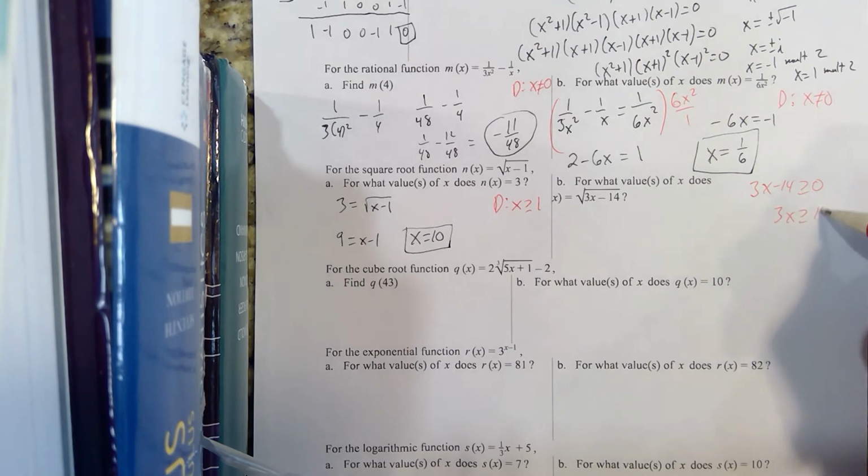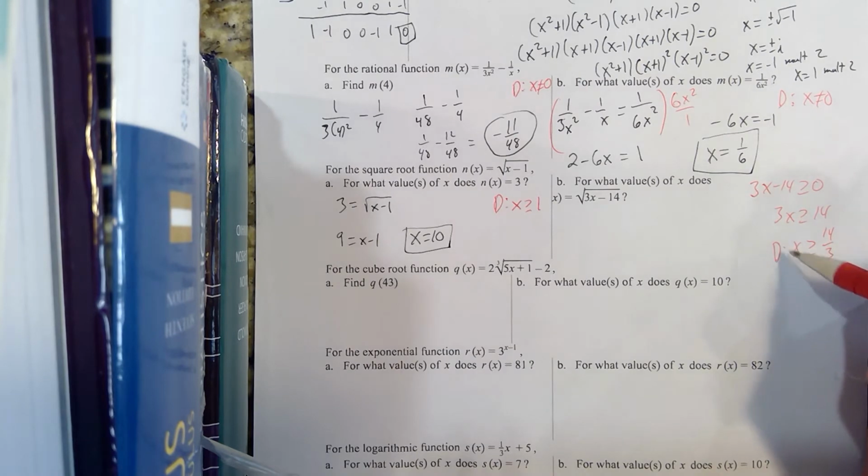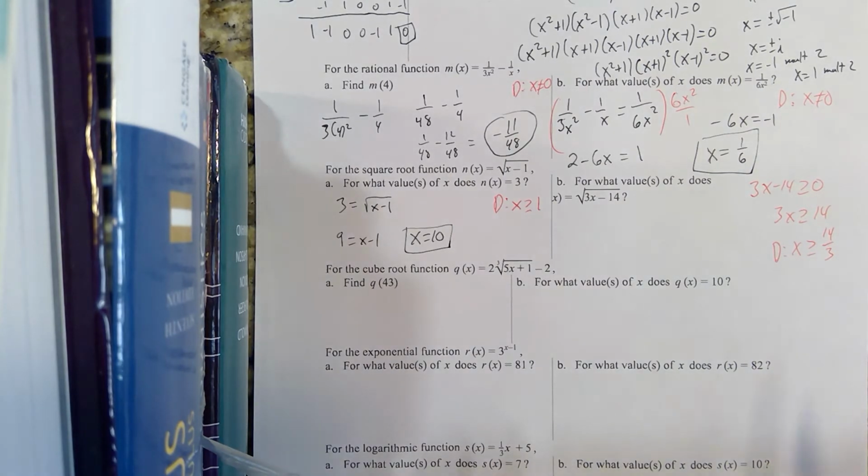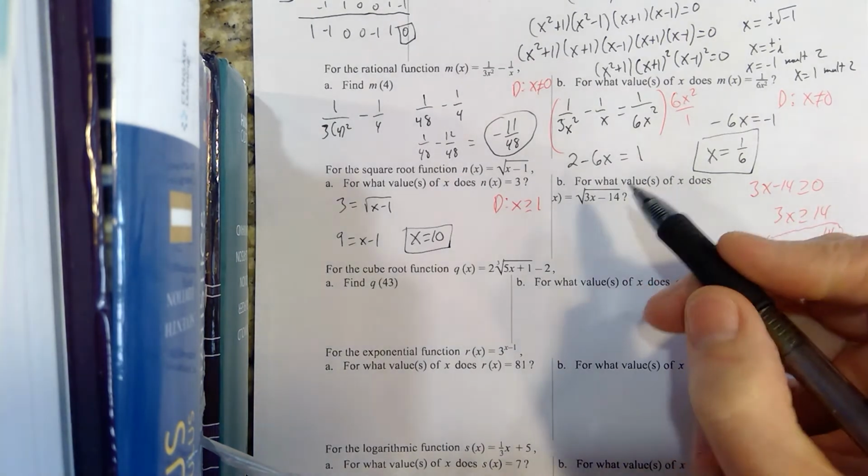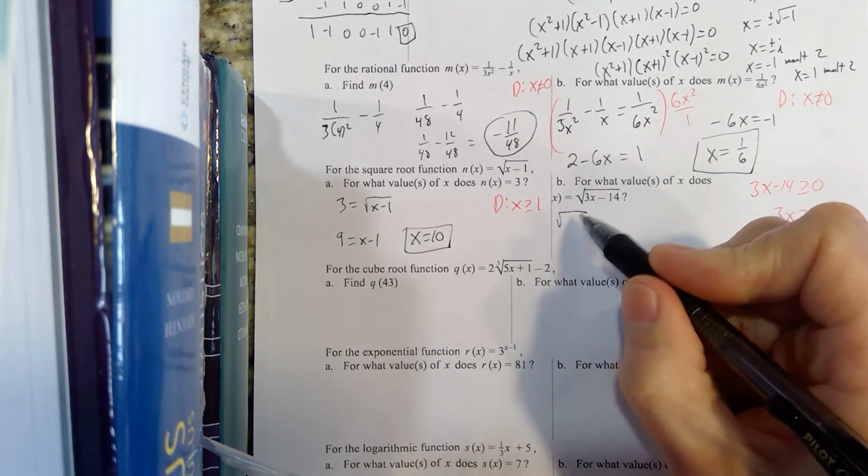So x has to be greater than or equal to 14/3, right? And of course, 14 thirds exceeds 1. So this is the domain when I get done. If I get any value that's less than 14 thirds, it's an unacceptable solution. All right, so let's go ahead and do it.